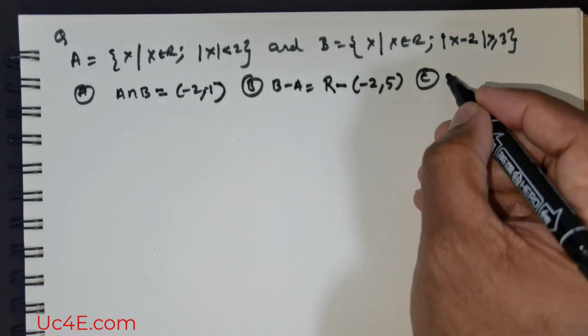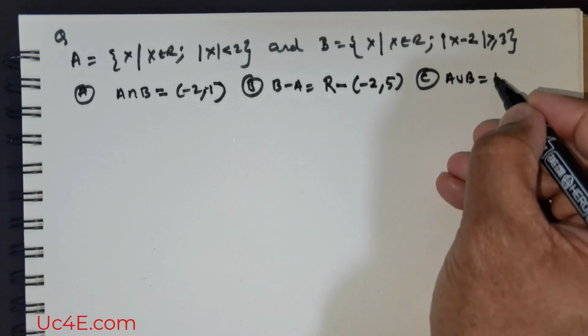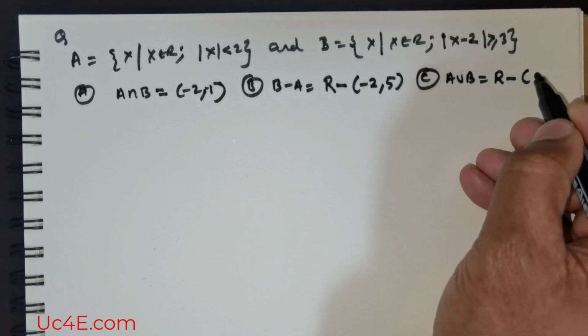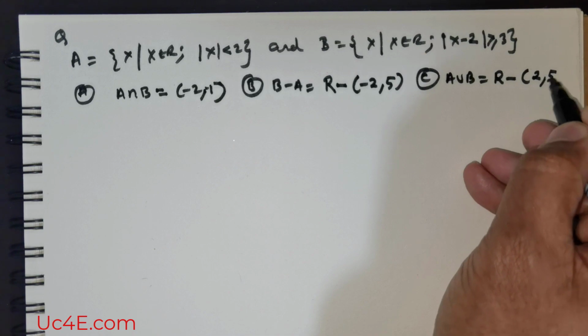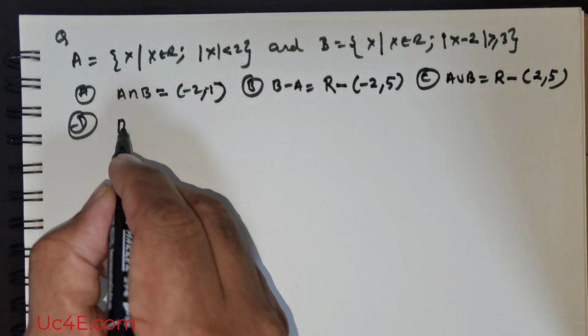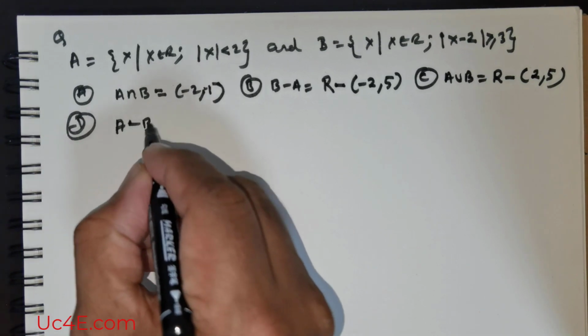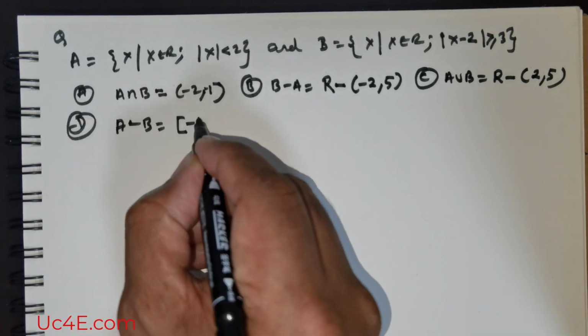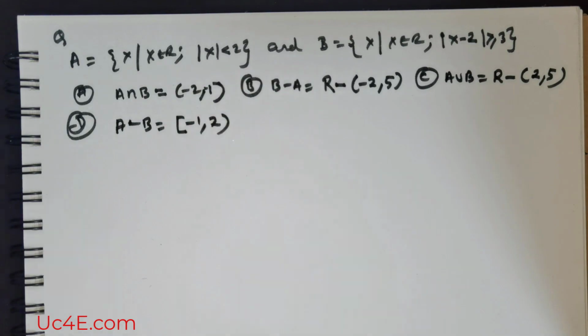Choice C: A union B is R minus negative 2 comma 5. And choice D: A minus B is negative 1 comma 2.